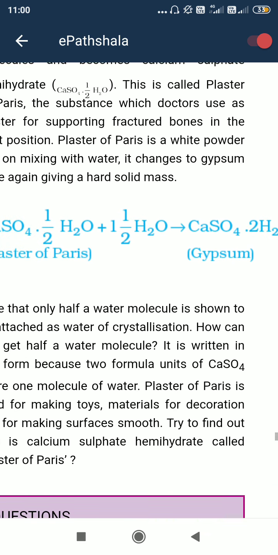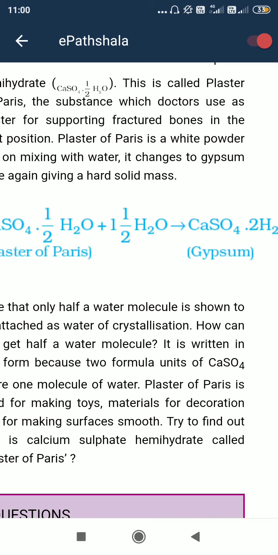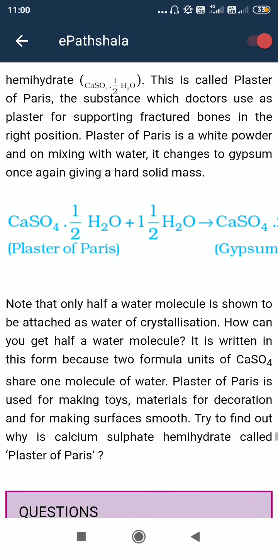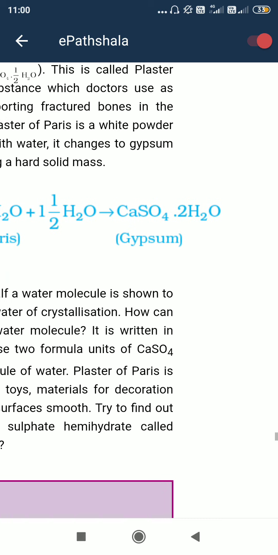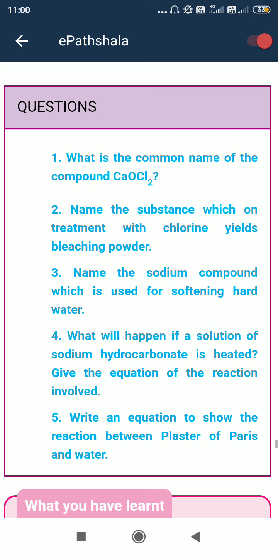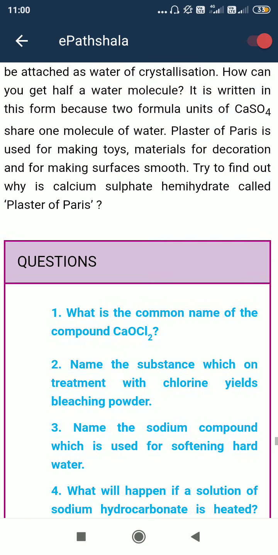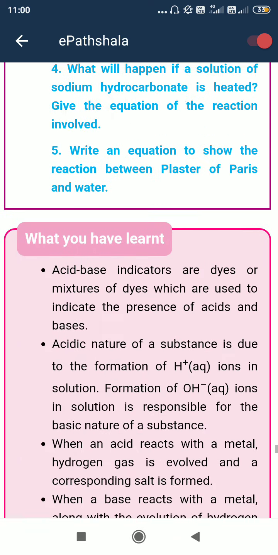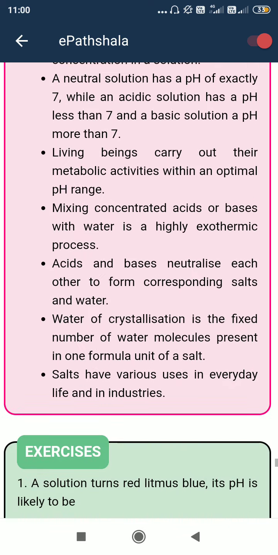In plaster of Paris, water is half, but in gypsum, it is 2 times the calcium sulfate. So CaSO4 2H2O is gypsum, and CaSO4 half H2O is plaster of Paris. We need to remember the formulas.